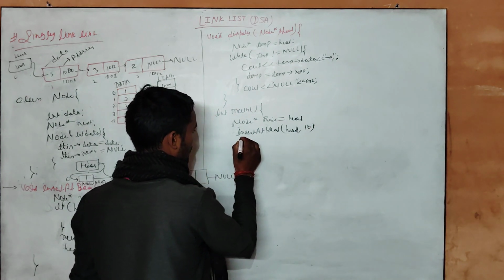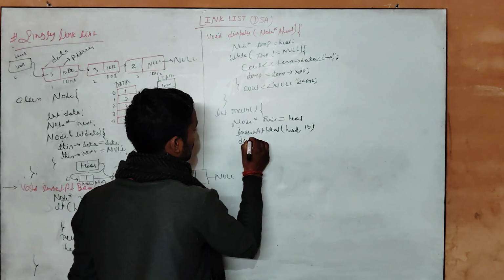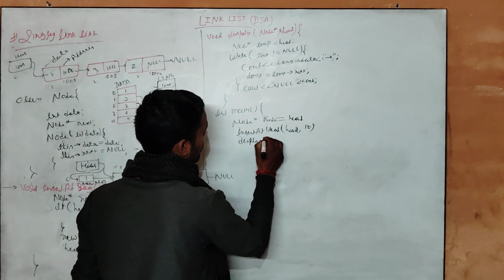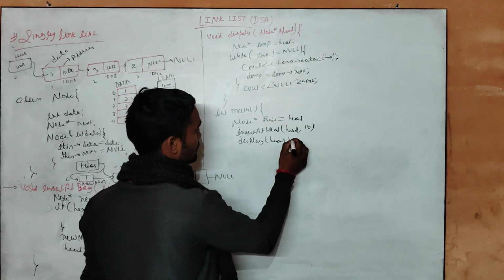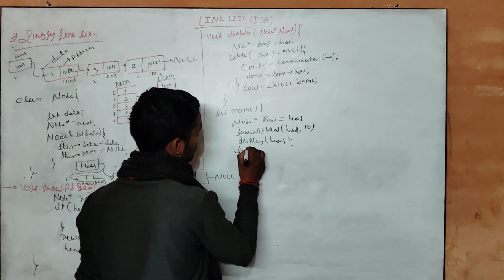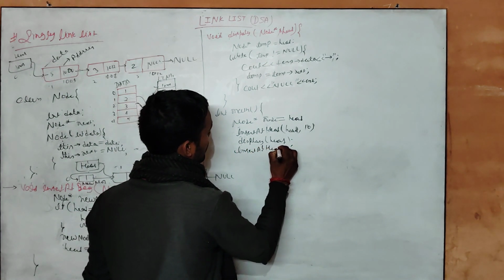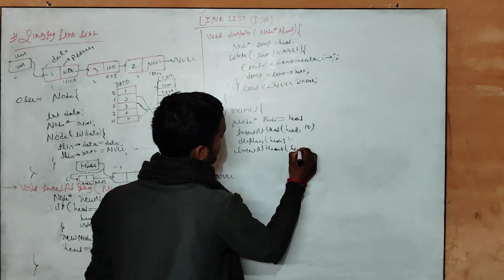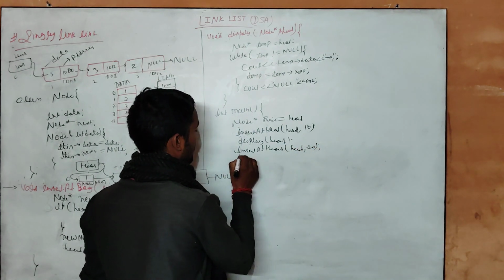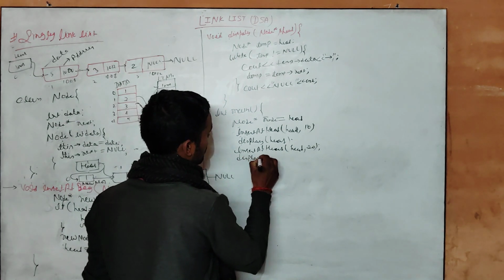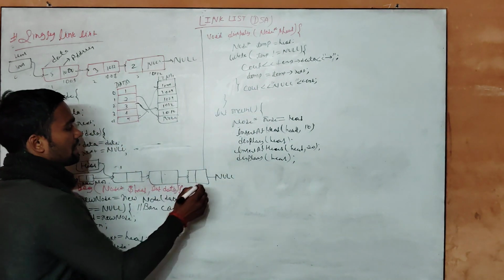Okay, then display head. Next, insert at head 20. And here simply display. Okay, fine, return 0.